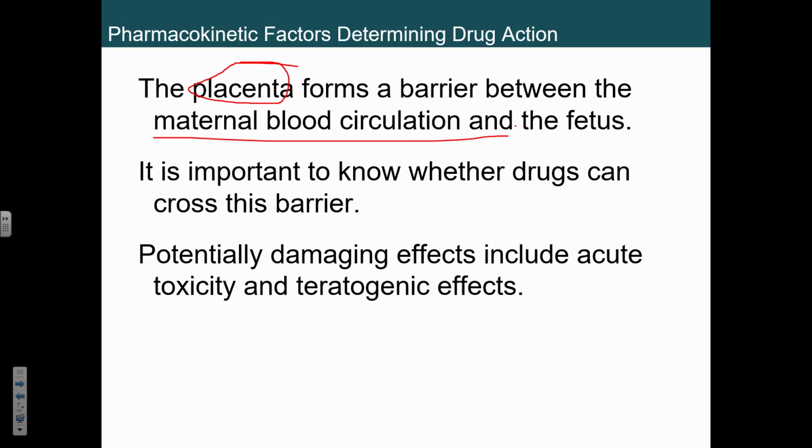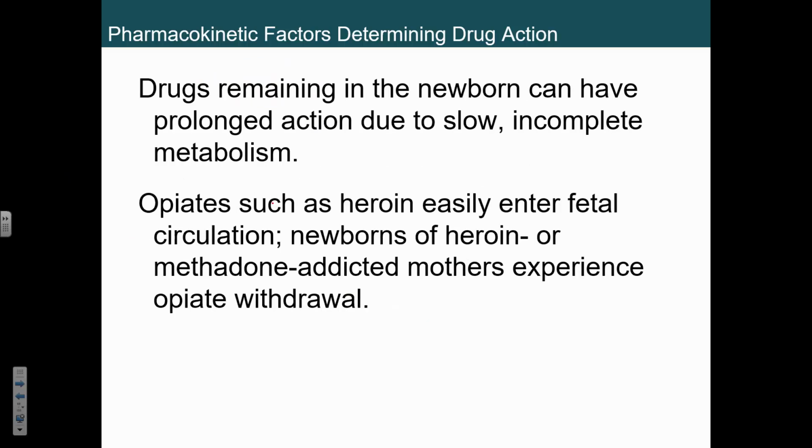That's actually a pretty good barrier between the mother and the fetus. Unfortunately, there are things that will cross that placental barrier, right? And that can cause teratogenic effects, birth defects, things like that, right? Alcohol is one of those things that will go right through that placenta, right? And so how many of you have heard of fetal alcohol syndrome? That's a thing, right? It's unfortunately more common than it needs to be.